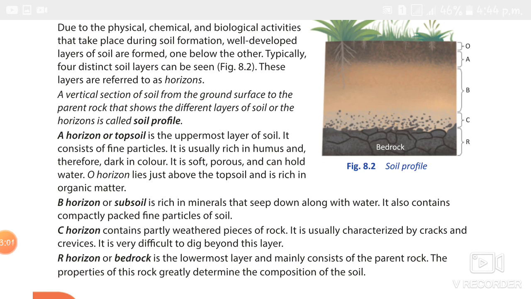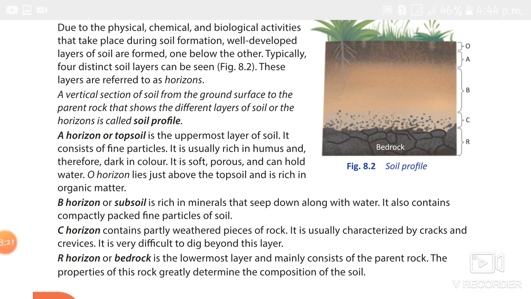So in this lesson we studied what is soil, what is weathering, what is physical weathering, and what is chemical weathering, and the factors affecting soil formation. 3 factors we studied: climate, characteristics of the parent rock, and the slope of land.